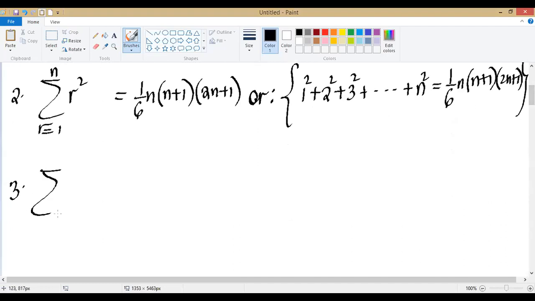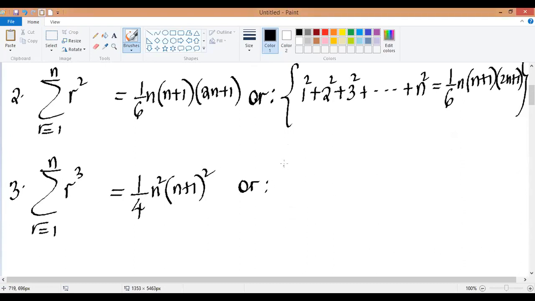Those are general summations that you must keep friendly to you for easy interpretation of what we are going to do. Three, the sum from r equal to 1 to n of cubic numbers is a quarter of n squared into n plus 1 squared. Or someone can write it as 1 cubed plus 2 cubed plus 3 cubed and so on, up to the nth term n cubed.